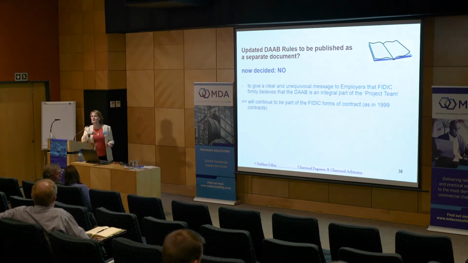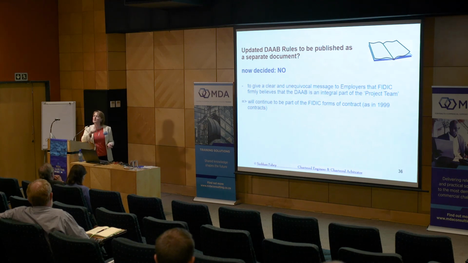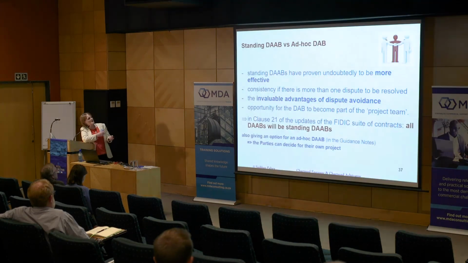They took on board what we were saying to them as regards dispute avoidance. They published revised rules for dispute boards in 2015. Myself and a couple of other people were very closely involved in their work, because originally FIDIC was not going to have its own dispute board rules. It was going to use the ICC rules. Eventually FIDIC decided it would like its own rules specifically for engineering projects. So that's the way it went.